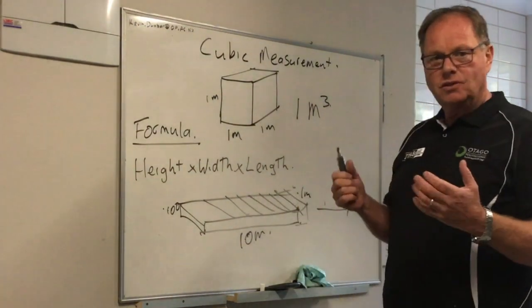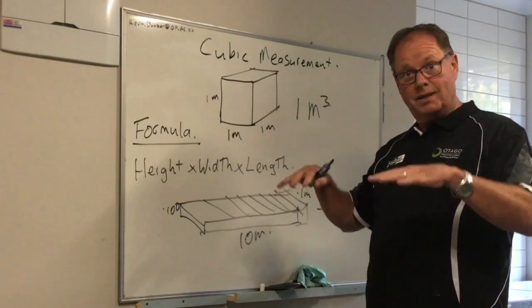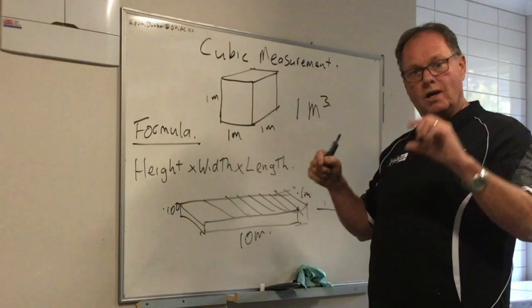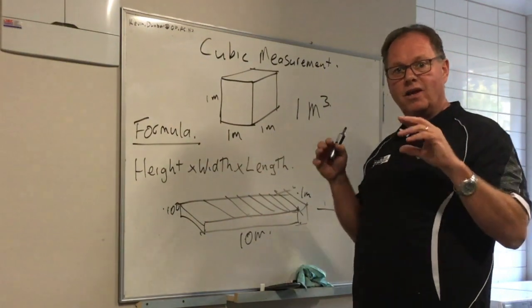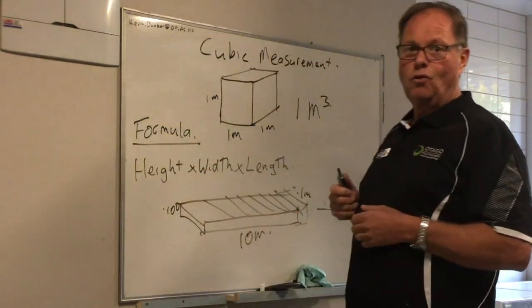And if an average house is about 180 square metres, looking down in plan view, times 100 mil thick, then you're going to have 18 cubic metres of concrete to do that floor.